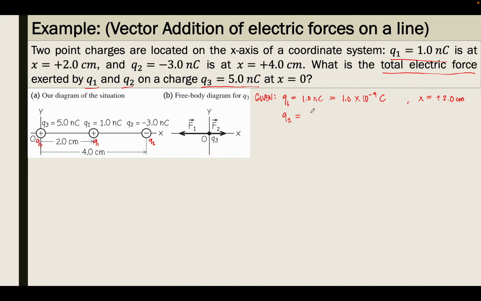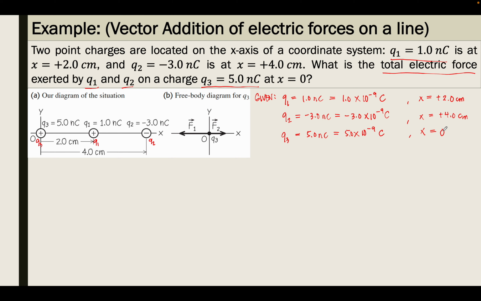Q2 is negative 3 nanocoulomb, or negative 3 times 10 to the power of negative 9 coulomb, along x equal to positive 4 centimeters. And then we have Q3, our third charge, equal to 5 nanocoulomb, or 5 times 10 to the power of negative 9 coulomb at x equal to 0.